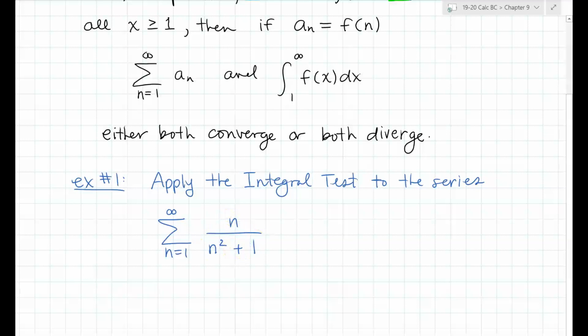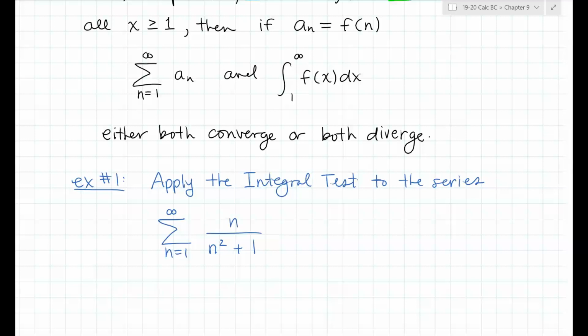So our a sub n is n over n squared plus 1. So in order to do the integral test, they are telling us to apply it. In other words, they're already assuming that we're going to be checking to see if it's positive, if it's continuous, and if it's decreasing.